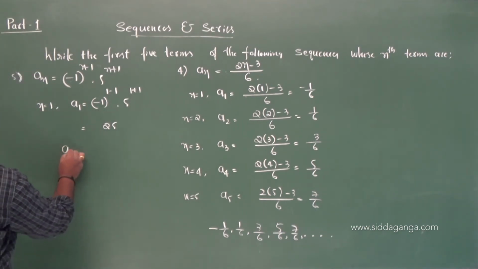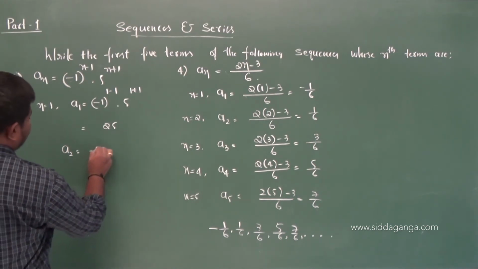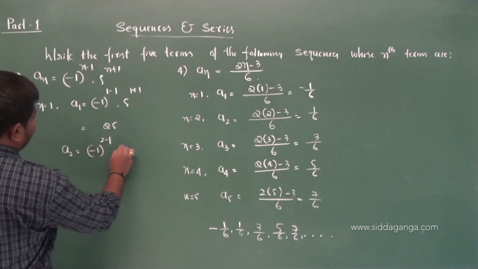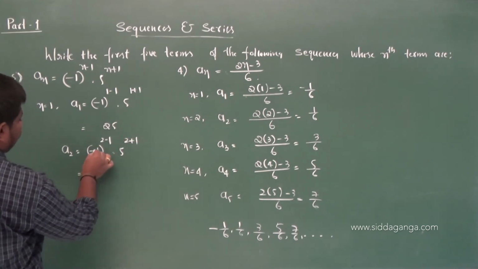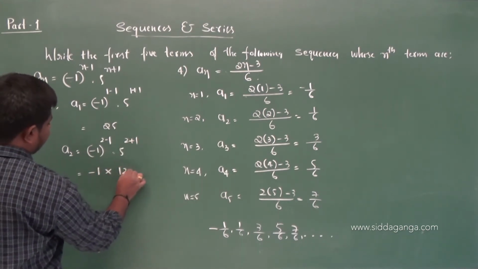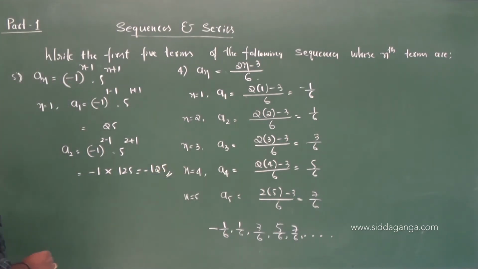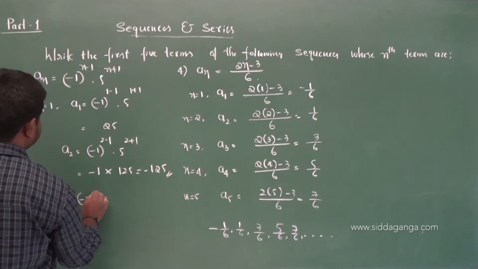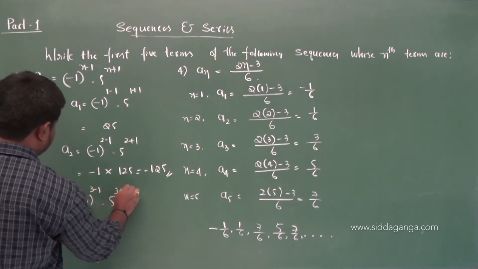Next a2, in place of n you substitute 2: minus 1 whole power of 2 minus 1 into 5 power of 2 plus 1. You get minus 1 power of 1, that is minus 1 into 5 cube, 125. So minus 125 is the second term of the sequence. So a3 is minus 1 power of 3 minus 1 into 5 power of 3 plus 1.